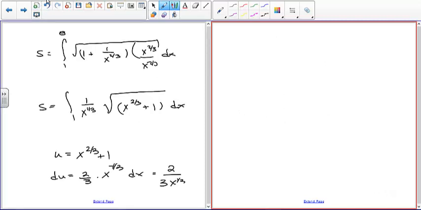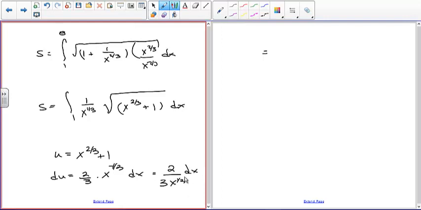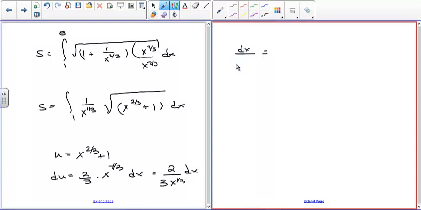You probably could do it the way you did it, but I think this is the easier way because we don't know trig substitution yet, but we'll get to that shortly. So as a consequence, dx divided by x to the 1/3 is equal to 3 du over 2. So what I did is I multiplied by 3/2 so that I got dx over x to the 1/3.